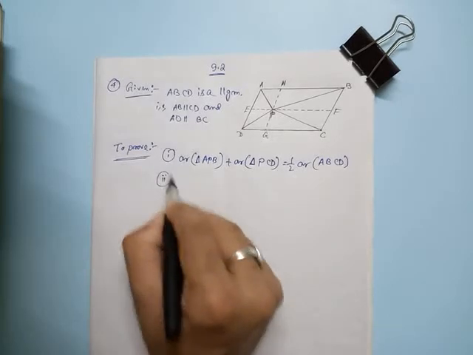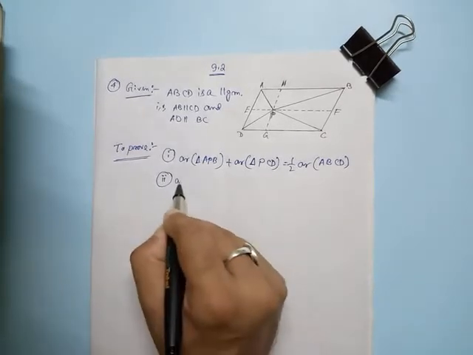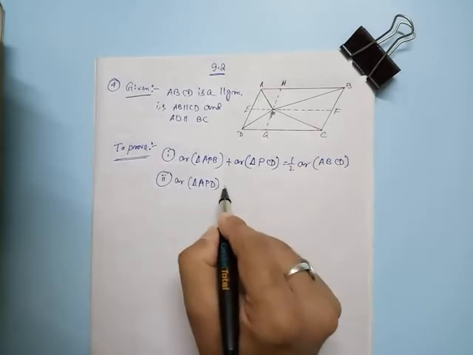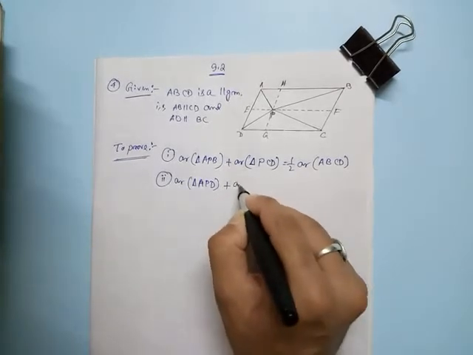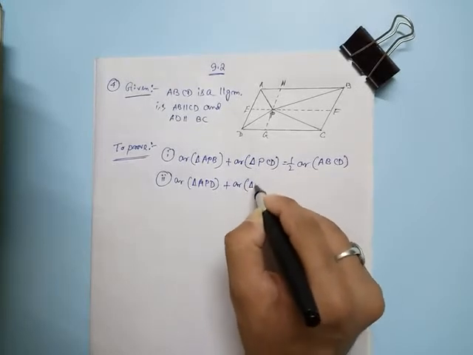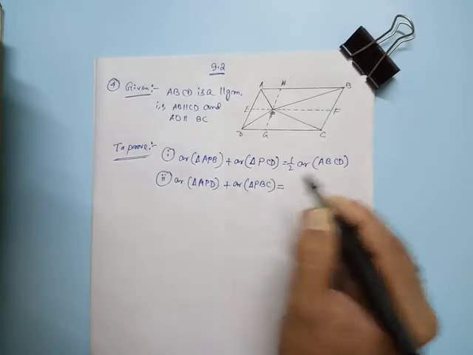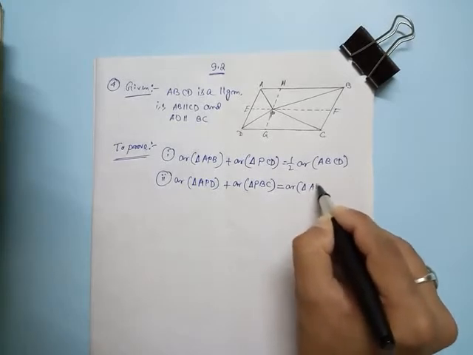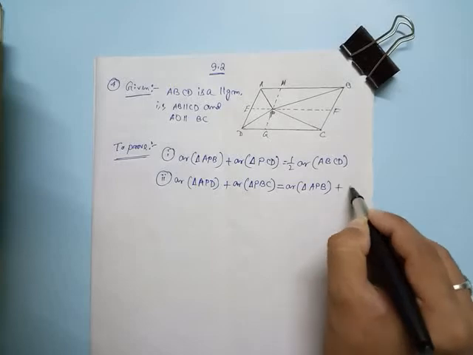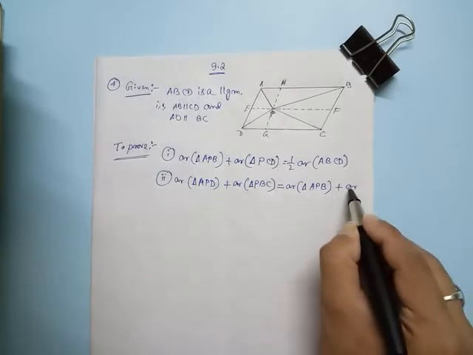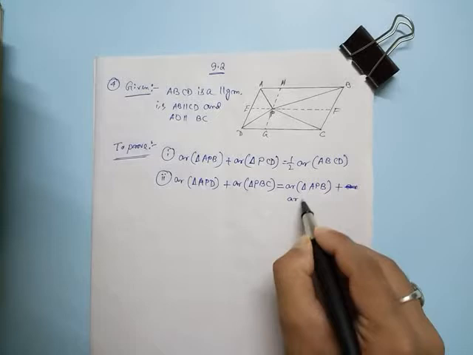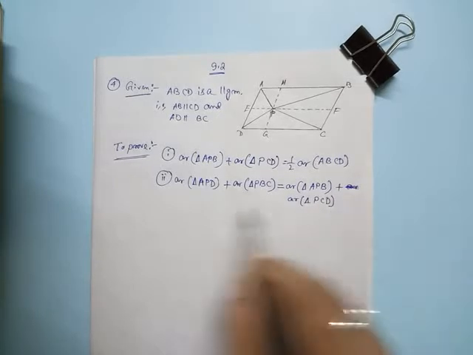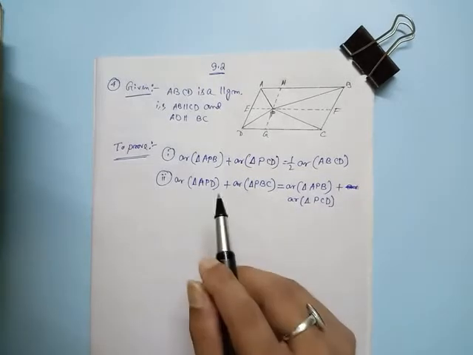And Roman 2, area triangle APD plus area triangle PBC equal area triangle APB plus area triangle PCD. These two we have to prove here.